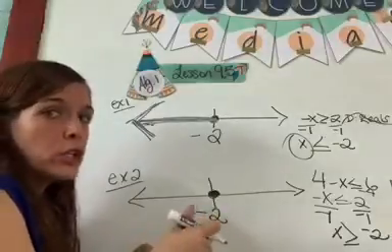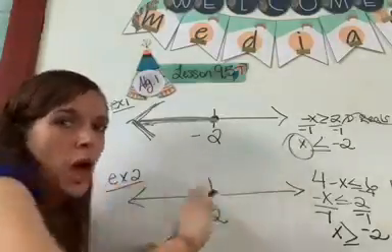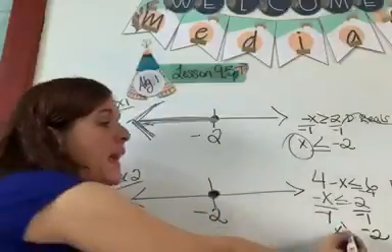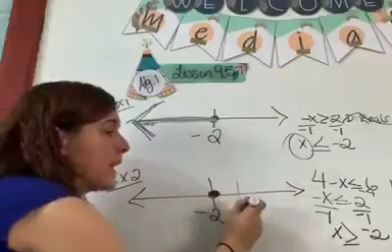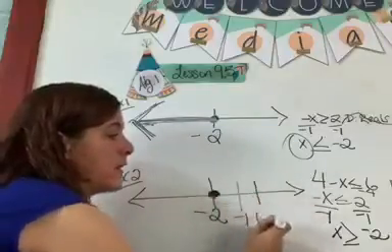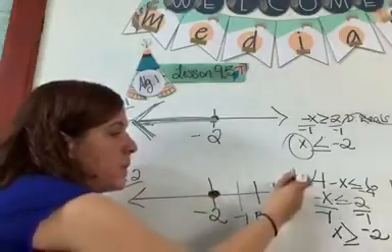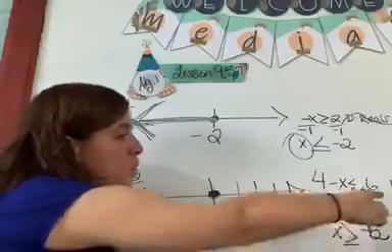Okay, so you can't just simply color, okay? It says that x is greater than or equal to negative 2. You can only color in your integers because that's what your possible domain is.